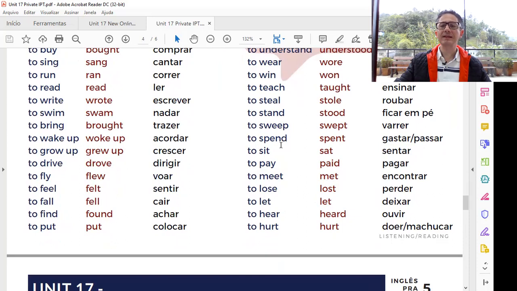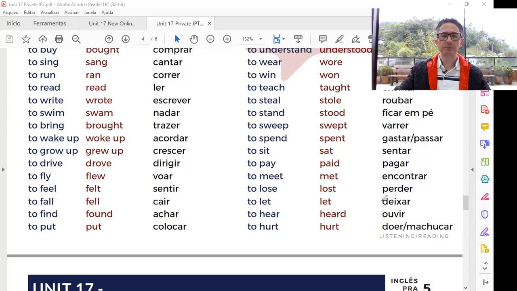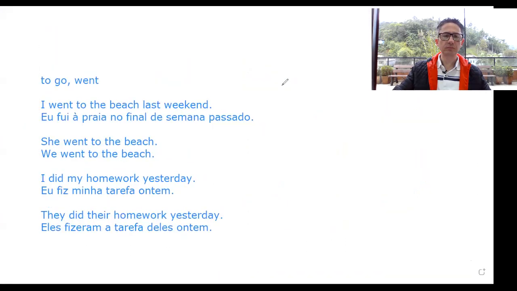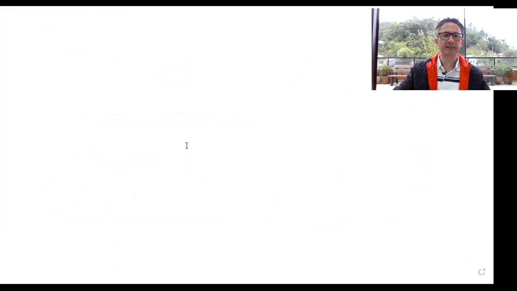Okay, just remember, to spend is gastar or pasar. For example, when you can spend money, okay, and spend time. Let me open my whiteboard to give you an example here. Let me clear, and then I'm going to write some sentences here.